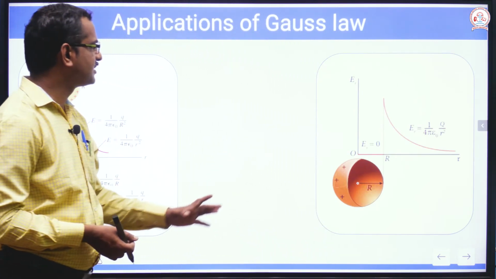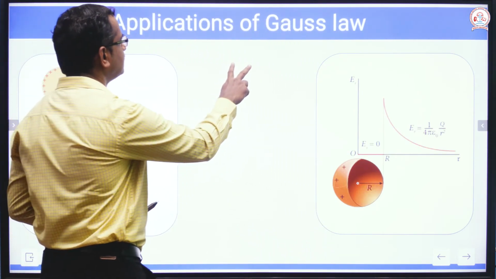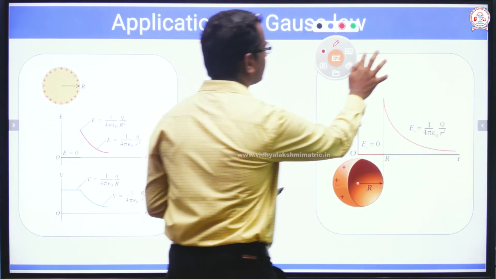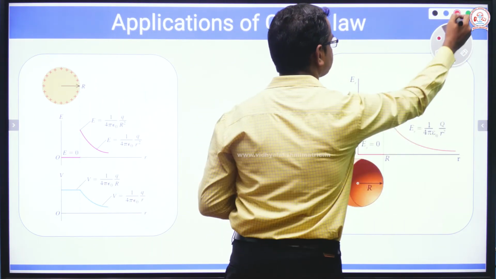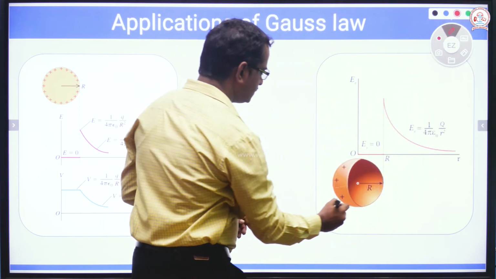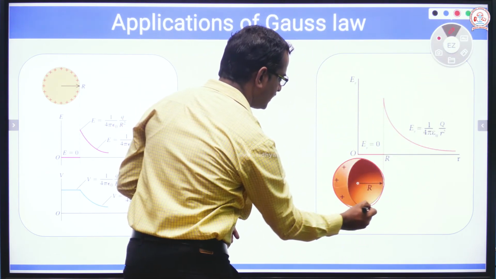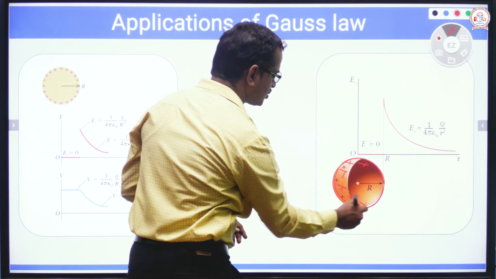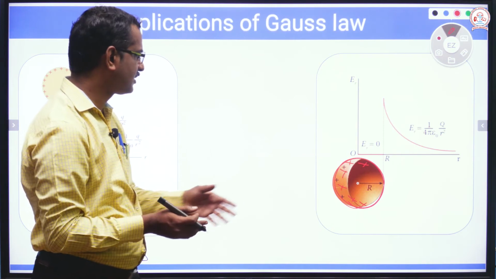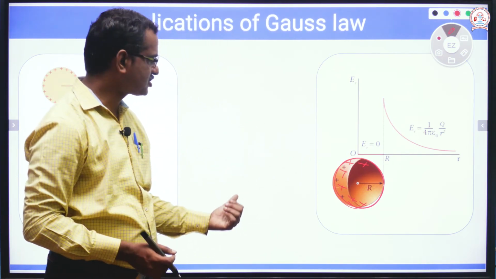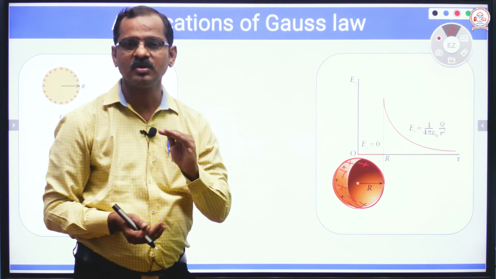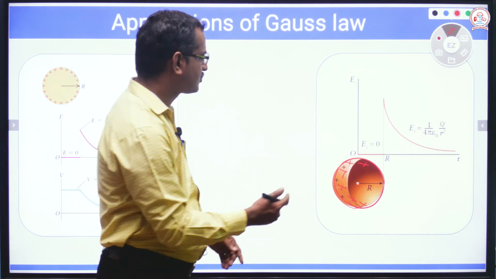Now, you just look at this graph. This graph talks about electric field due to a sphere, and potential due to a sphere. You could see that in case of a sphere, as the charges are on the surface of the sphere, in our previous discussion we have seen that there is no electric field inside the sphere. That's what is represented in the graph.